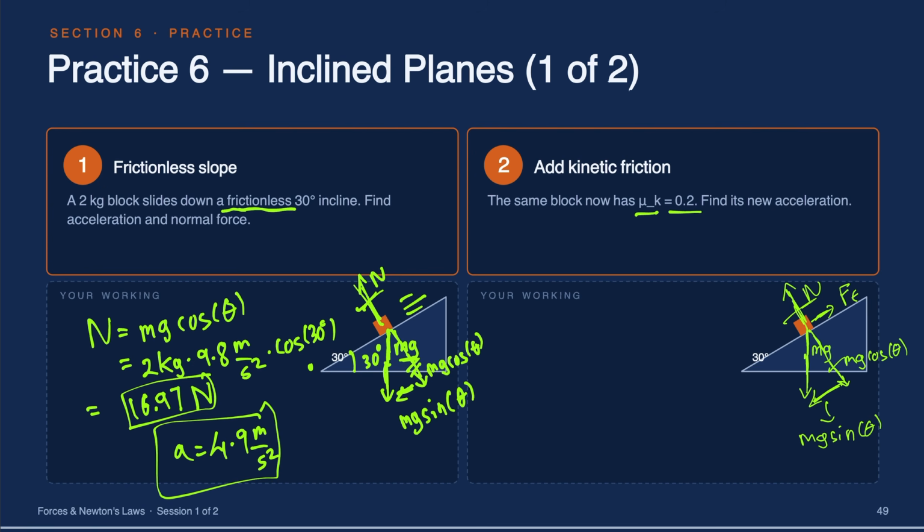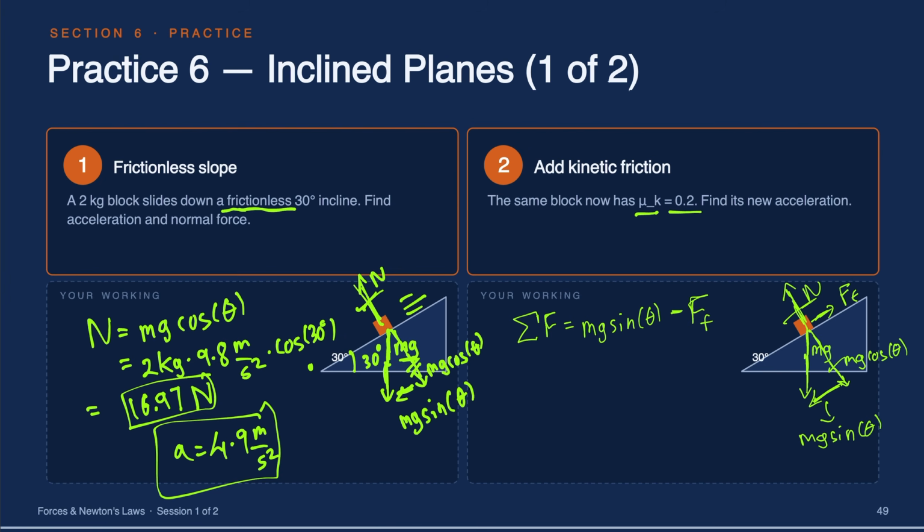So my net force is equal to mg sine theta, because normal force cancels out with mg cosine theta, right? So mg sine theta and F friction are left. mg sine theta minus force of friction, because force of friction is in the opposite direction.